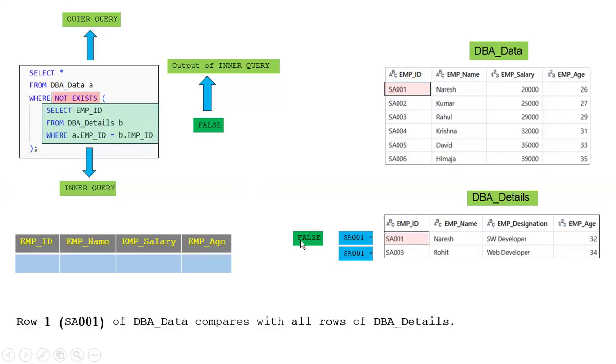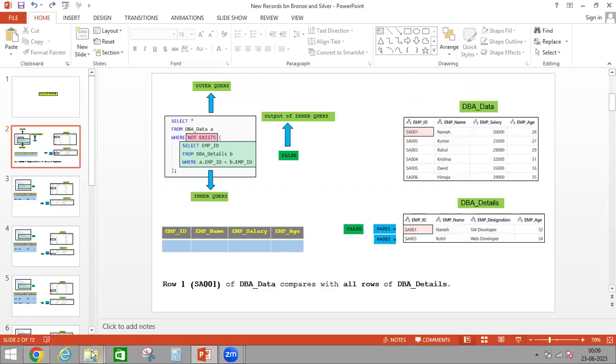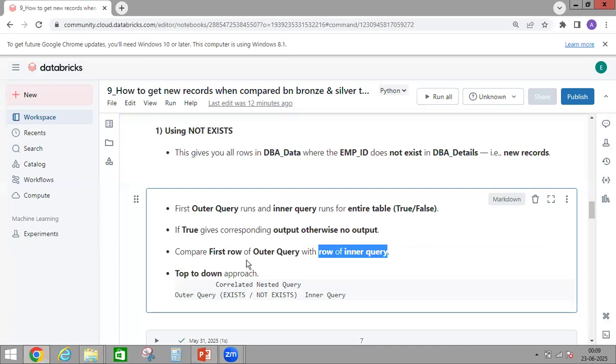So the inner query result is false. As we discussed, if true, it gives the corresponding output; otherwise, no output.